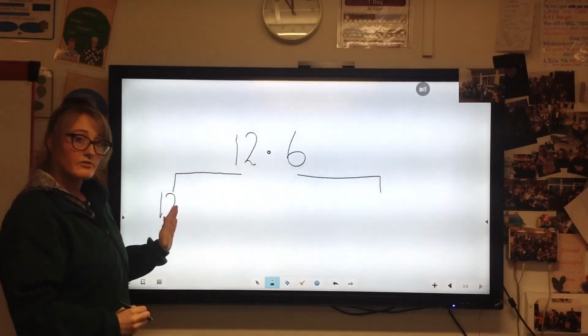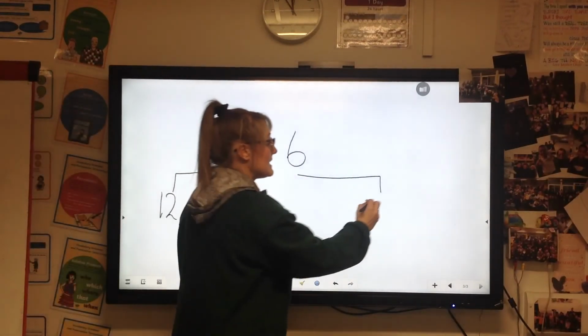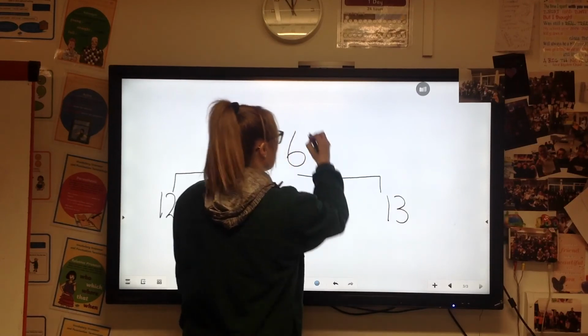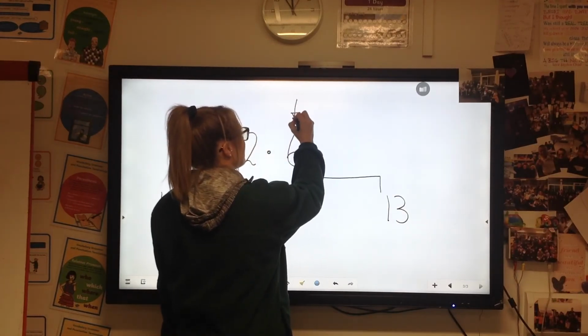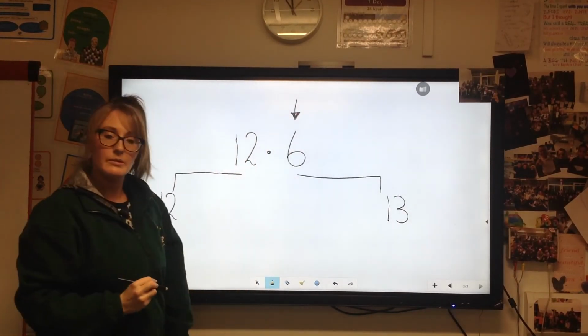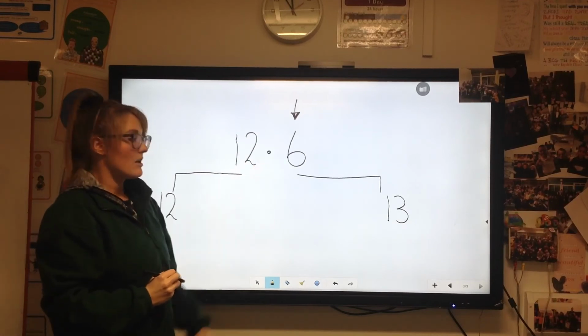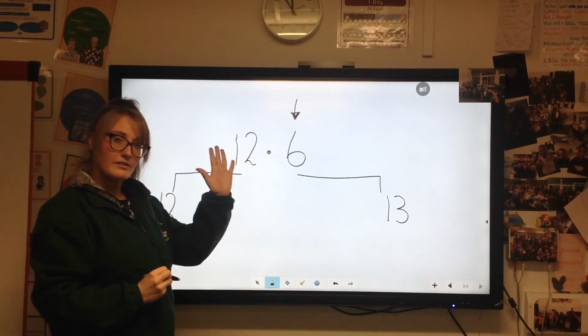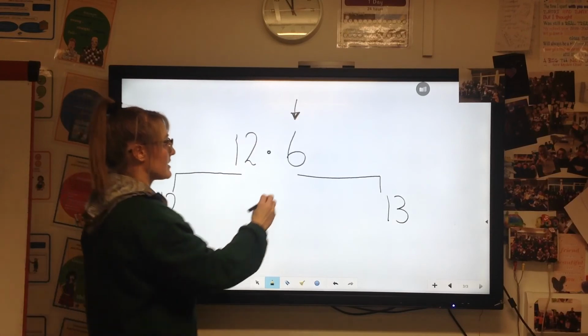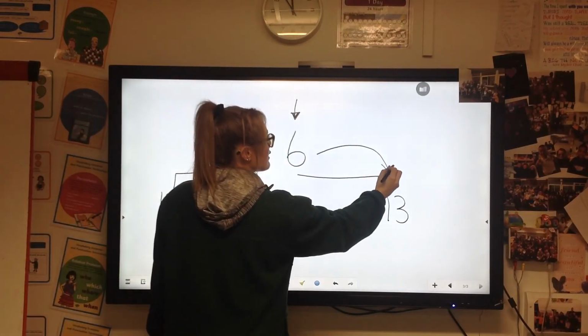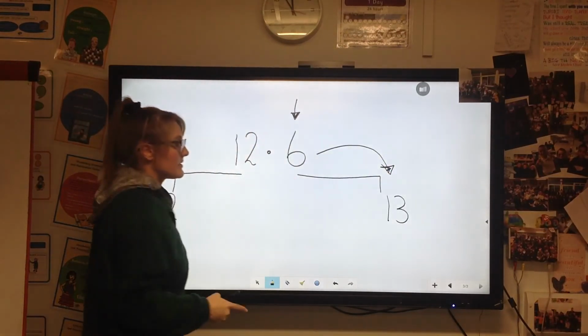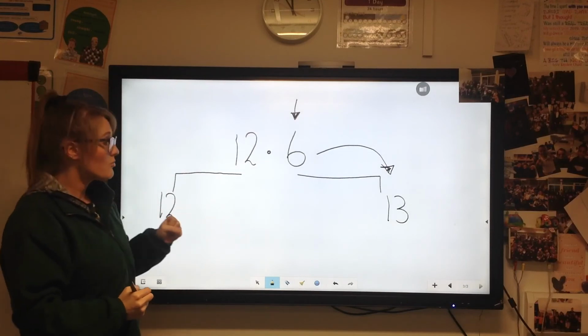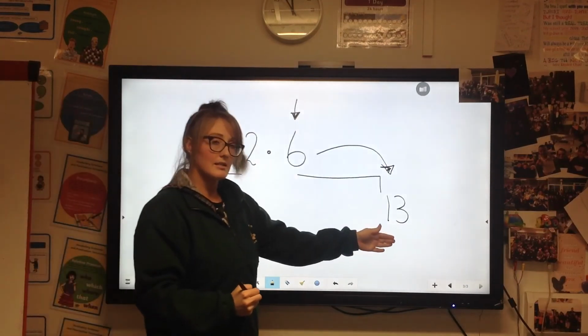What number comes after 12? 13. And then we look at our tenths column to help us. So hopefully we're looking at that. We're seeing 6. 6 is high 5, it is 5 and above, so we are rounding up to 13. So 12.6 rounded to the nearest whole number is 13.